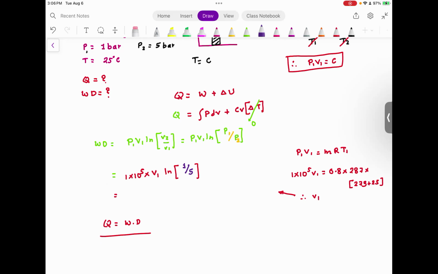The next problem is again, you can actually do mix and match. In problem 4.9, you have a PV to the gamma process, and again you have to find out the work done, the heat interaction, final process temperature, and so on.